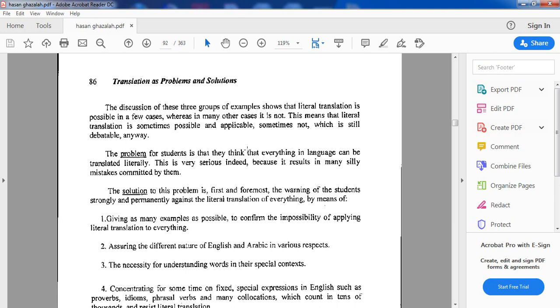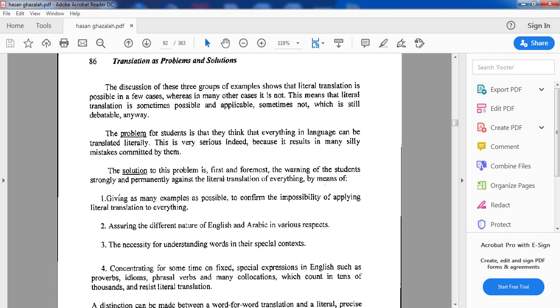What is serious is to think that everything can be translated literally, because it results in many silly mistakes committed by students. So how to solve this problem? We have some solutions.